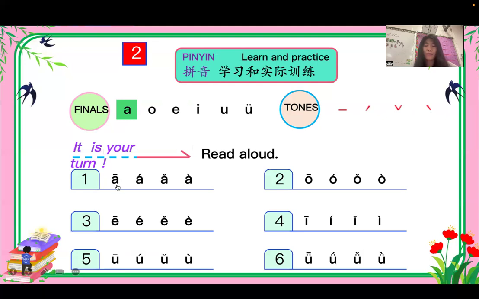How to say this one? Okay, let's listen. 八, 啊. And the last one is the fourth tone.